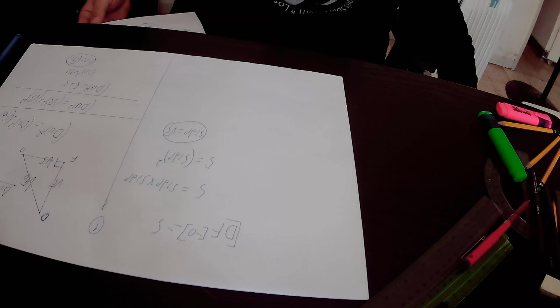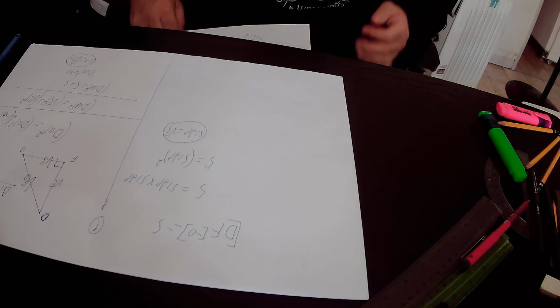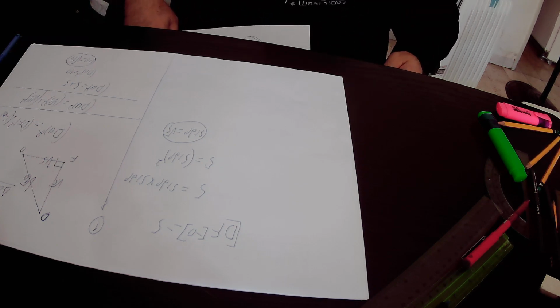And we know that the area of any square equals one side times another side.